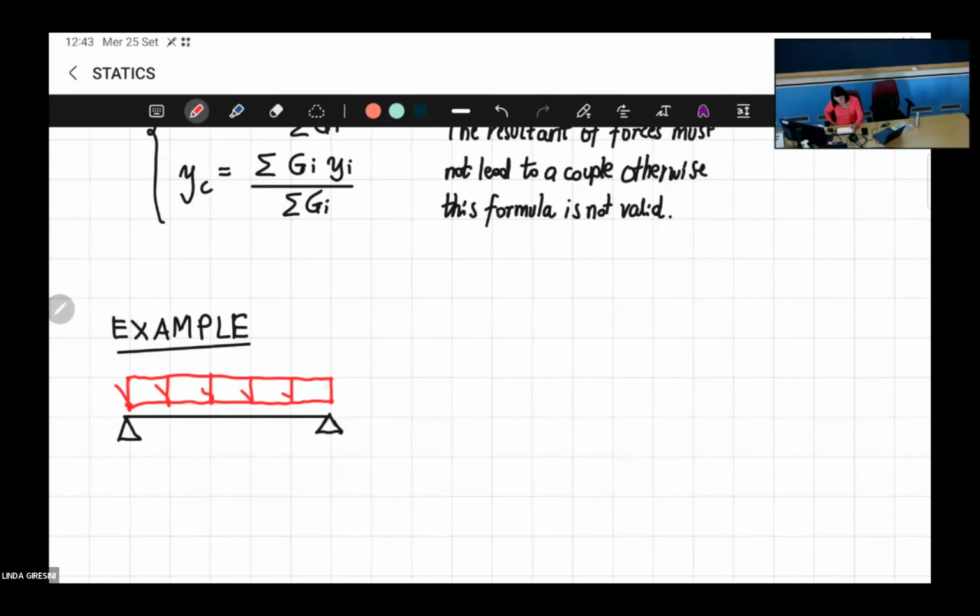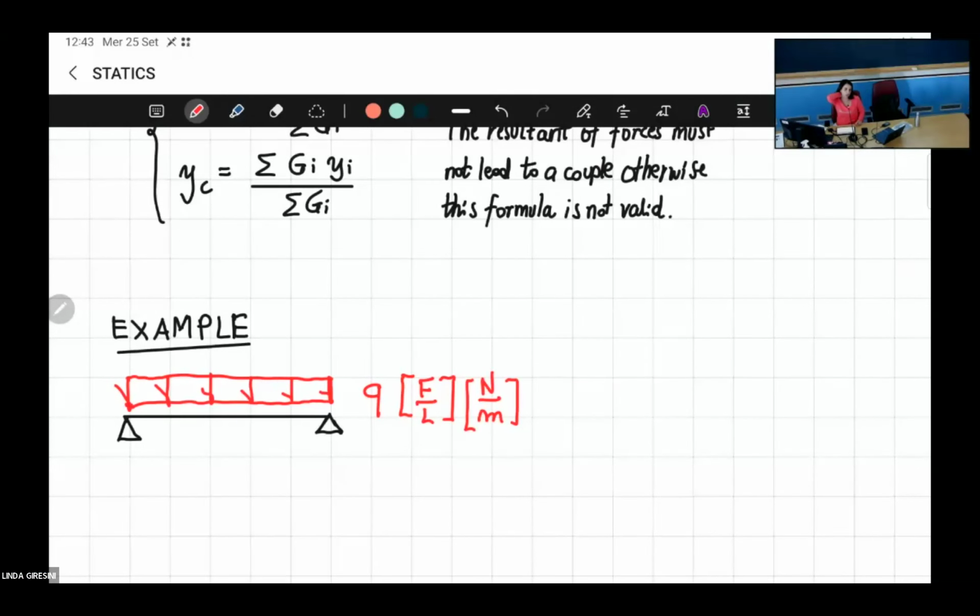The line load is generally called q. The unit of q is force over length, for example Newton per meter, or kilonewton per meter, kilonewton per millimeter, and so on.